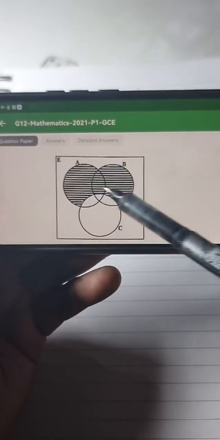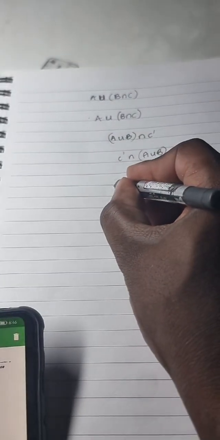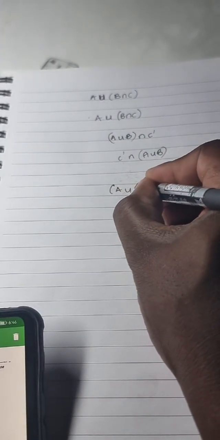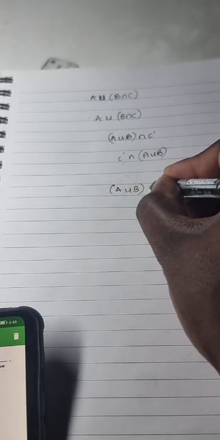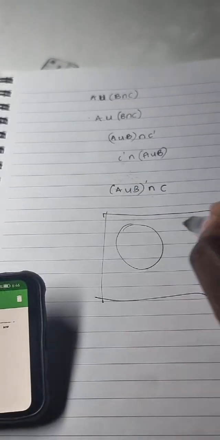You can't say A union B complement, because if you write like that, it's like you are saying A and B shouldn't be shaded. So you have written A union B, and it should be in capital letters. It's supposed to come out like this.